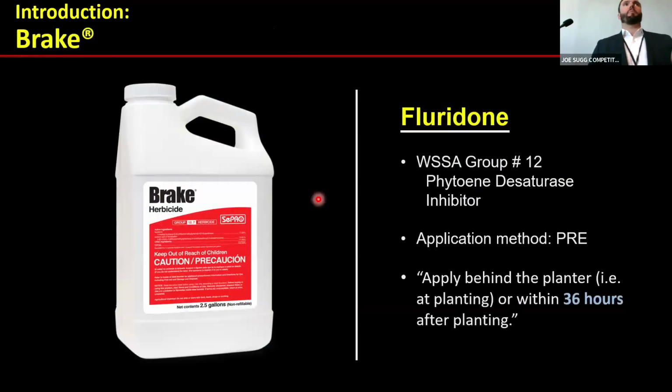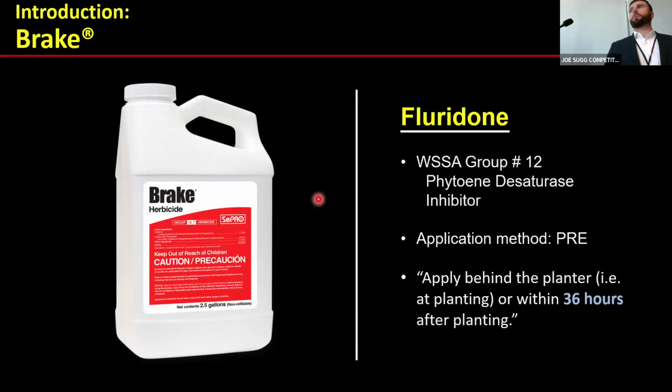And so you can see the importance of diversifying our weed management portfolio and adding in new modes of action, which for us with this herbicide Brake is a phytoene desaturase inhibitor. That is a bleaching herbicide, which typically turns the plant tissue white.